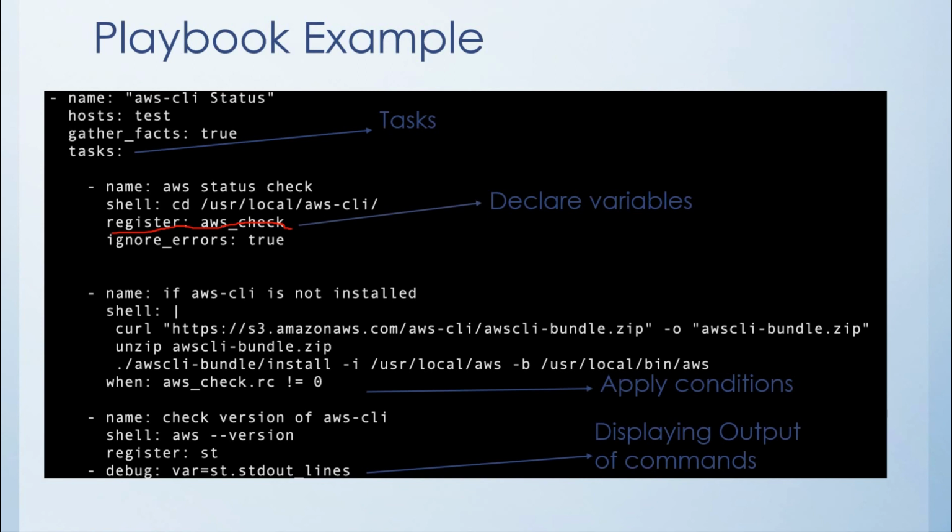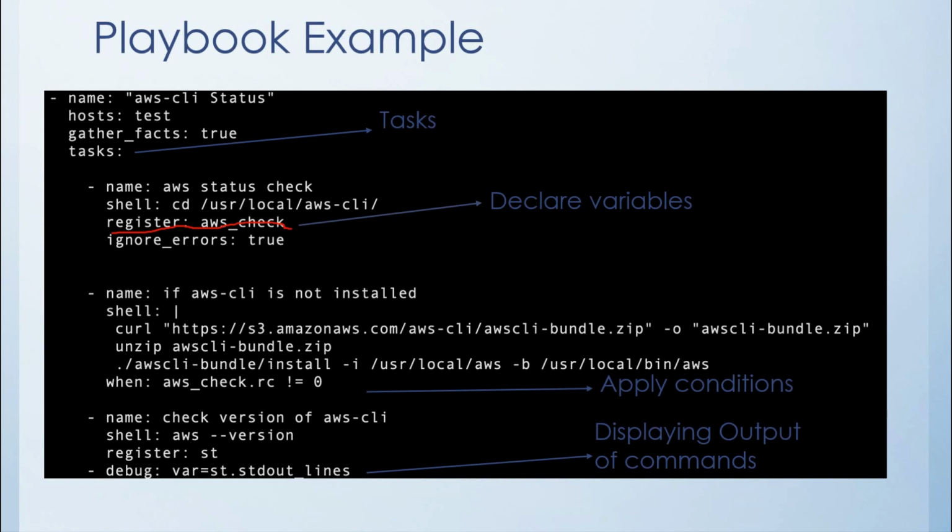Now the second task is, if the CLI is not installed, then with shell pipe you have to run these multiple commands. Then I'm saying a when condition: when aws_check.rc, which means return code, is not equal to 0.